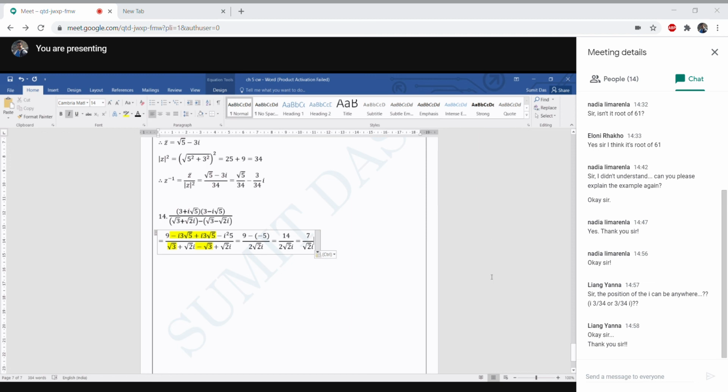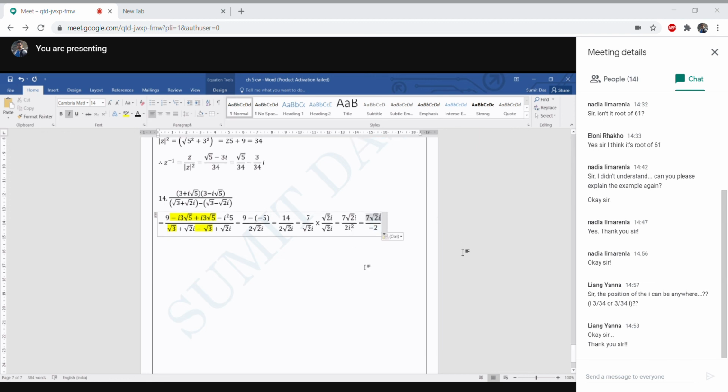So next we have to rationalize the denominator. We will remove the i and root 3 from the denominator. So numerator will be 7 root 3 i, and the denominator will be 3 i square, which will give you minus 3, and the numerator will give you this.